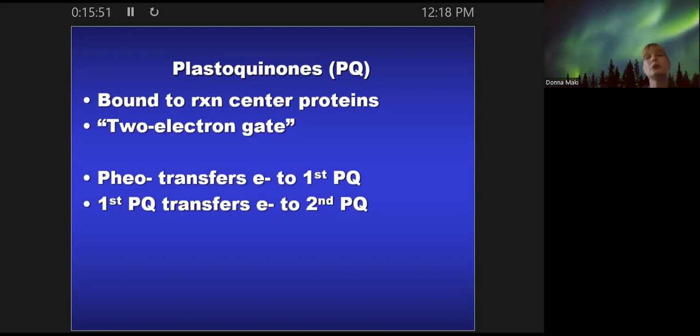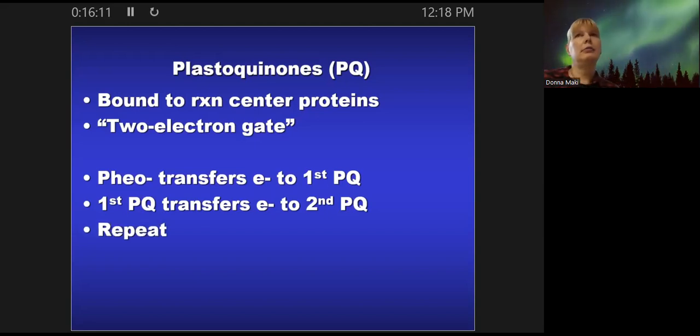Well, the thing about plastoquinone is in order for plastoquinone to be chemically happy, so to speak, it needs 2 electrons. So the second plastoquinone has so far only received 1 electron. And it's like, no, I'm greedy. I need another one. And so what's going to happen is everything repeats.